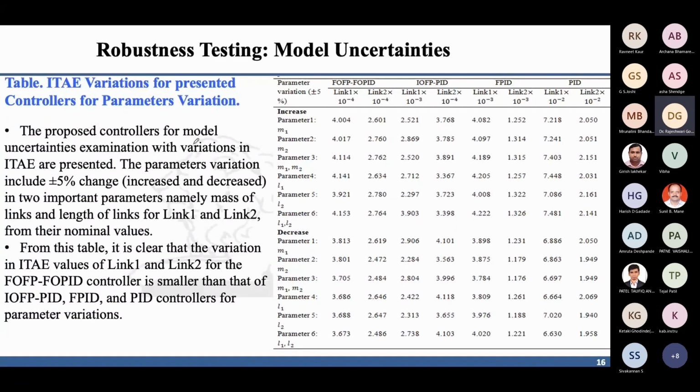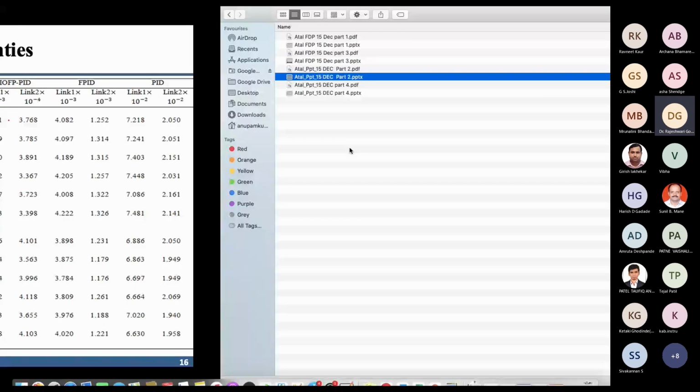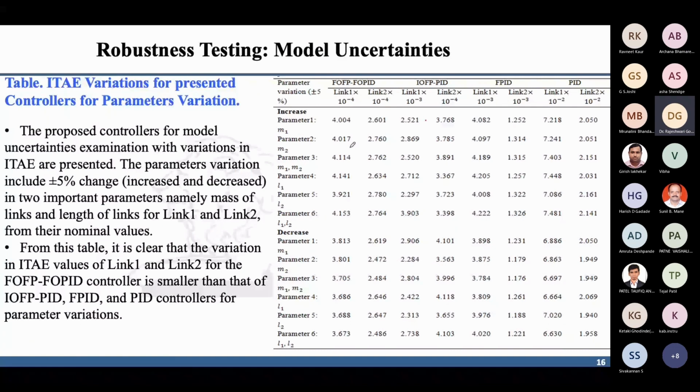So in this work also we have used robustness testing with the help of some parameter changes, as I discussed in the first hour, that when time passes, some parameters of the plant may change, like resistance, capacitance, or the spring elasticity may change after 1 or 2 years.